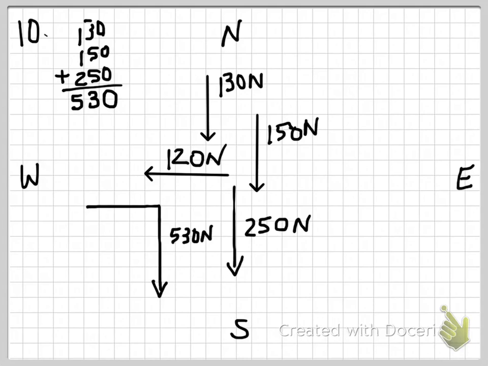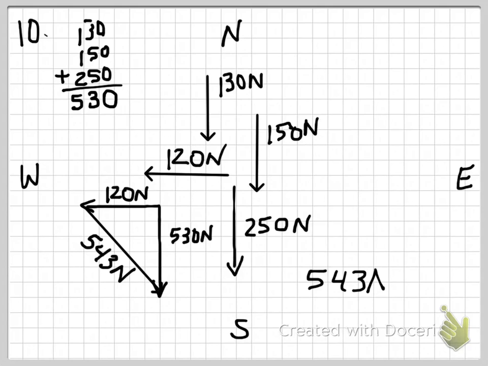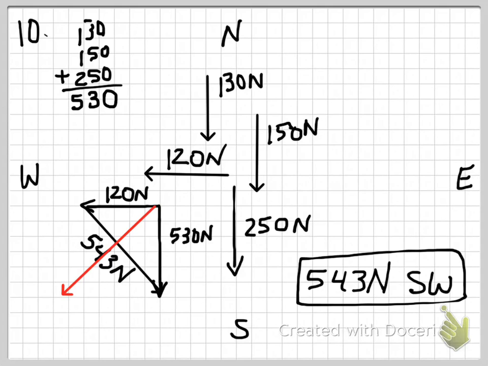Instead, we need to put those forces together so that we can solve for the hypotenuse, which is going to give us 543 newtons. That's going to be the resultant for those forces. Notice it's moving in a southwest direction there. So the answer is 543 newtons southwest. That's the total net force of the entire situation there.